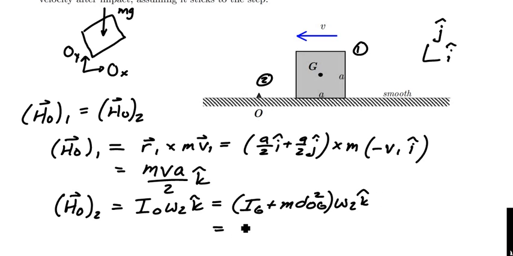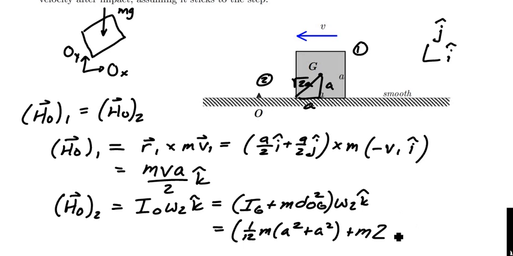I for a square block like this is given by 1/12 times the mass of the block times the width squared plus the height squared, and I add to that m times the distance between O and G squared, which is essentially this hypotenuse squared. If this is a and this is a, this is root 2 a, and squaring it gives 2a squared. All of this will be times omega 2 in the k.